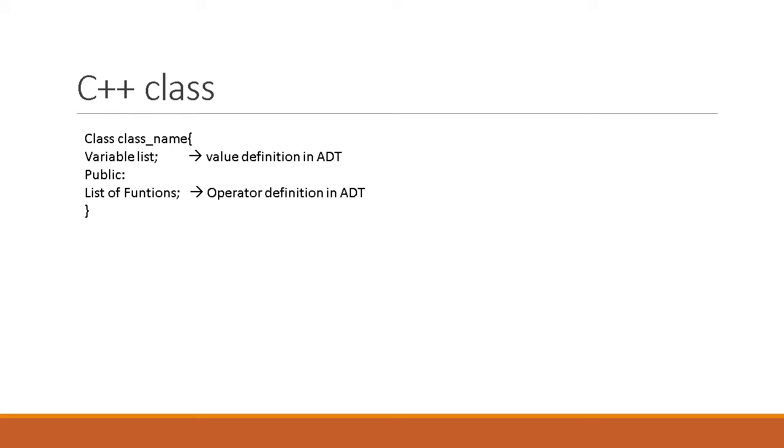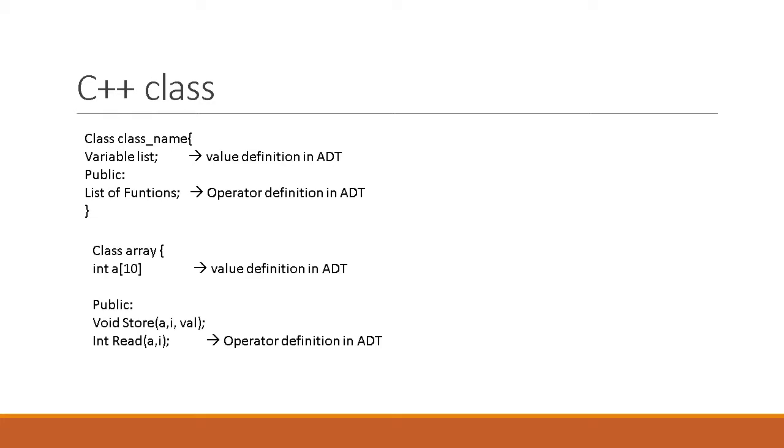So for array, again we can see how I can write the ADT, as class array. The array is of integer type, so I am creating int a of 10, which means I am creating an array of 10 integer variables. What functions am I going to perform? Store and read.